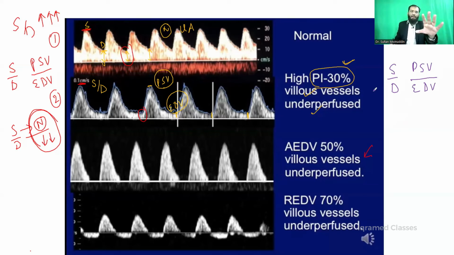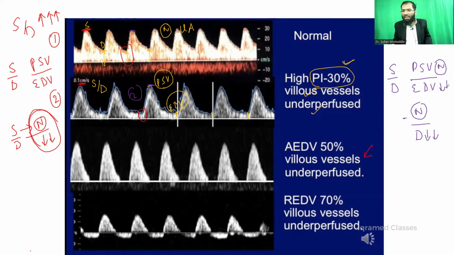Okay. Now, you got this. If you compare graph 1 and graph 2, the PSV almost remains the same. It is the EDV which decreases in graph 2, right? So here the numerator is remaining the same. It is the denominator which is decreasing, that is, EDV is decreasing with increased PI.